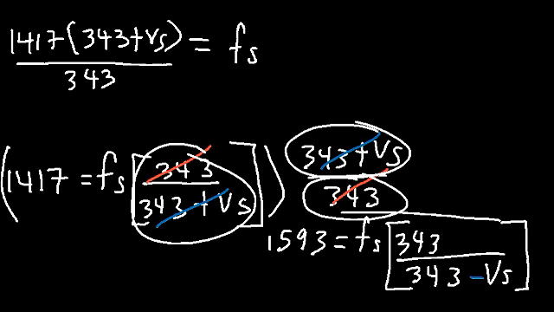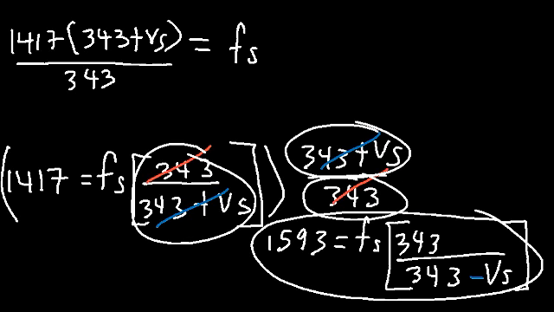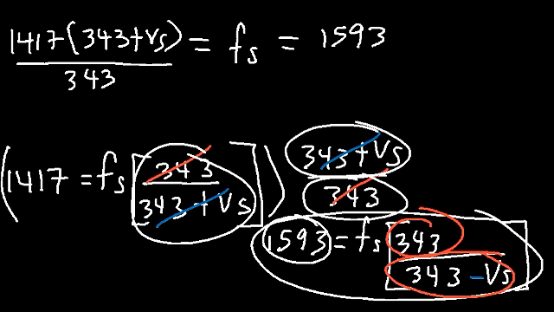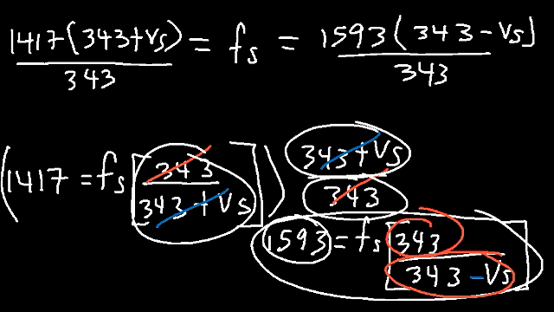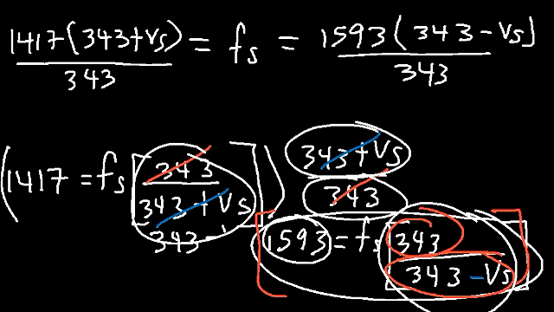So now let's do the same thing for this equation. Fs is going to be 1593 times the denominator divided by the numerator. So I'm going to write it here. It's going to be 1593 times 343 minus Vs divided by 343. So once again, just multiply both sides of this equation by the reciprocal of this fraction. So that's 343 minus Vs divided by 343.